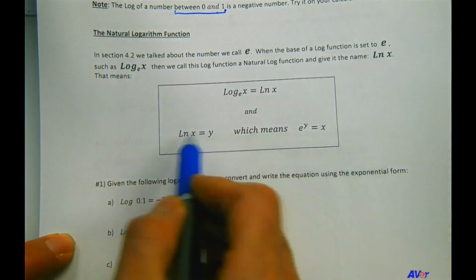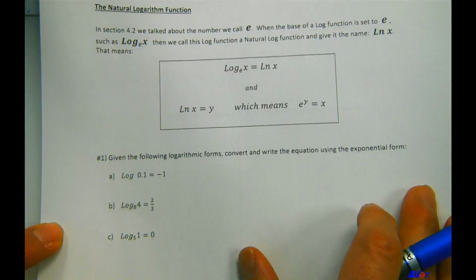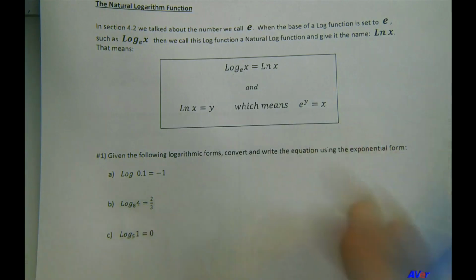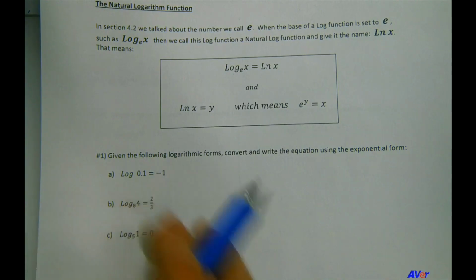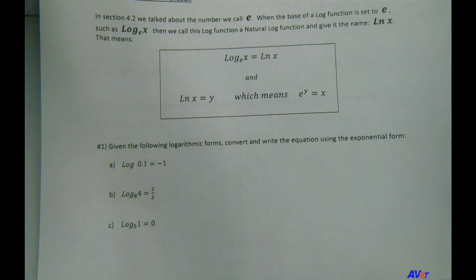This is so important to be able to go back and forth between these two forms that I thought we should do a bunch of examples on that, just to make sure that everybody's comfortable with going from the log or natural log form to the exponential form, and back from exponential form to either log form or to natural log form. Very, very important. So I would highly encourage you, no matter how much you think you don't know this yet, pause the video, answer this question on a piece of scratch paper, and then unpause the video and look at my solutions, okay?